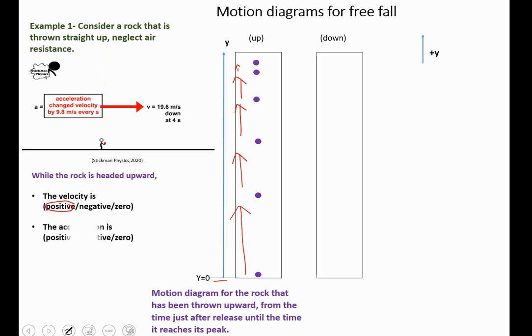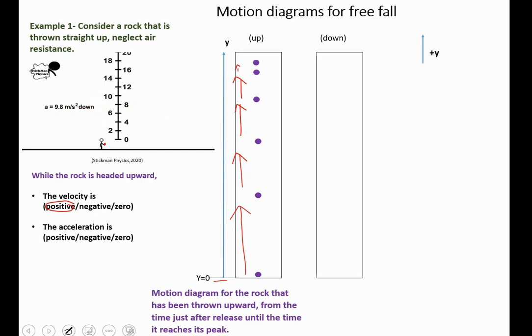And then, how about the acceleration? Is it positive, negative, or zero? So the acceleration due to gravity is always downwards, and based on the coordinate system, the acceleration should be negative.